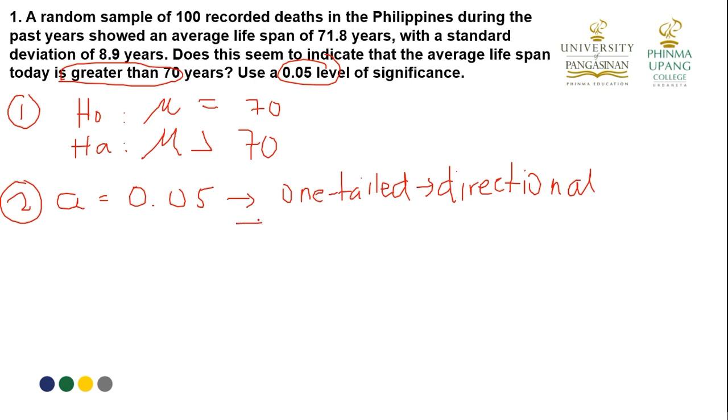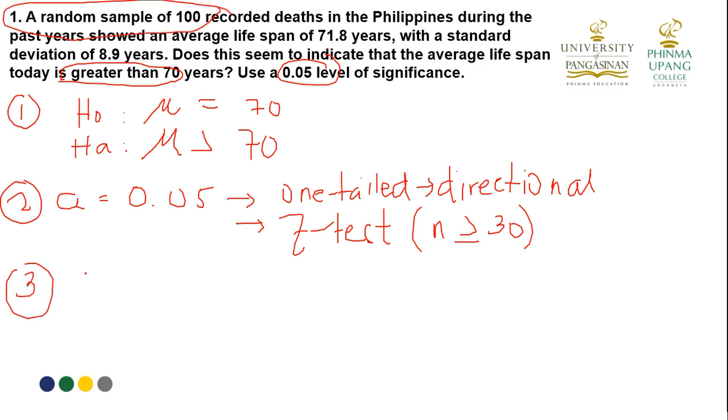And what is the appropriate test statistic in number one? Is it Z or T test? Z-test. We're going to use the Z test here because n is greater than or equal to 30, since the random sample here is 100.